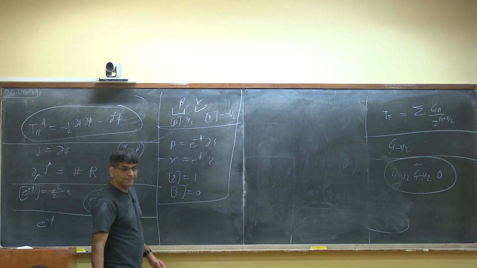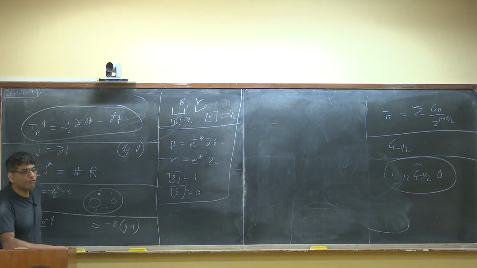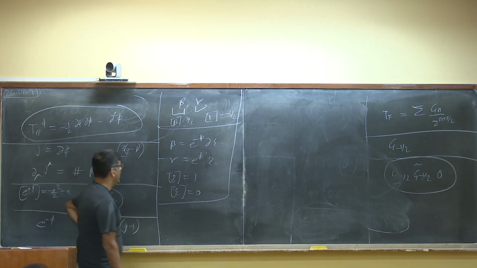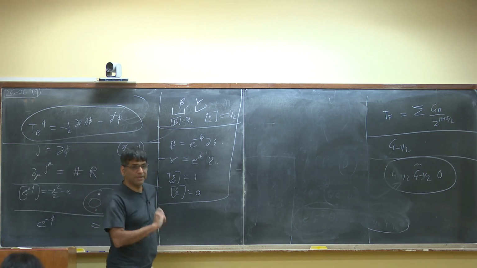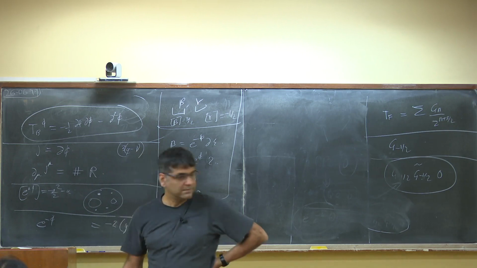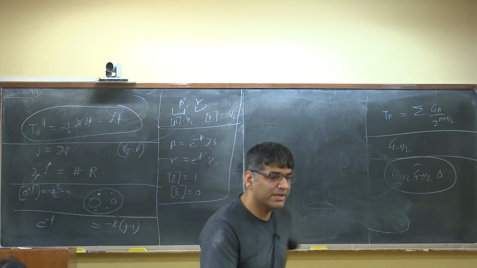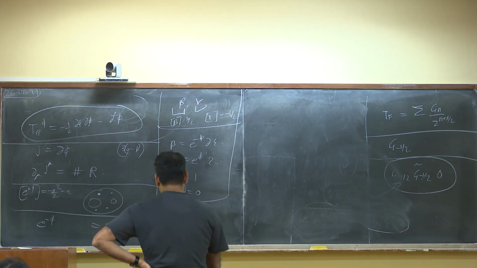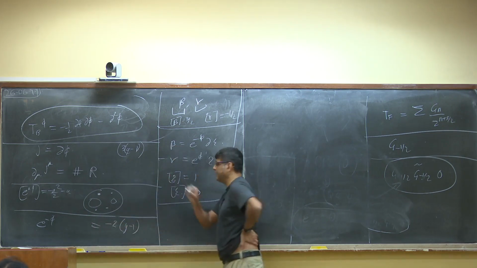Let's work to start with on the sphere, and count the number of zero modes of zeta and of eta.